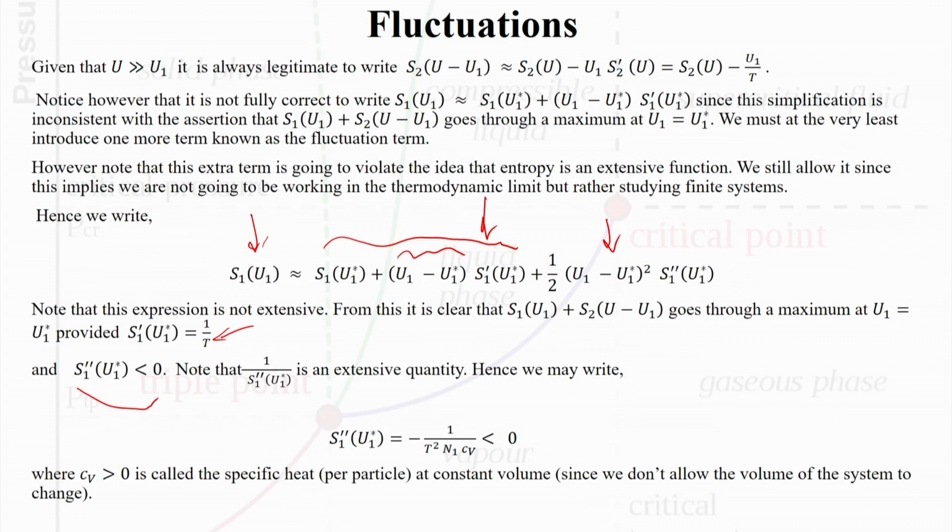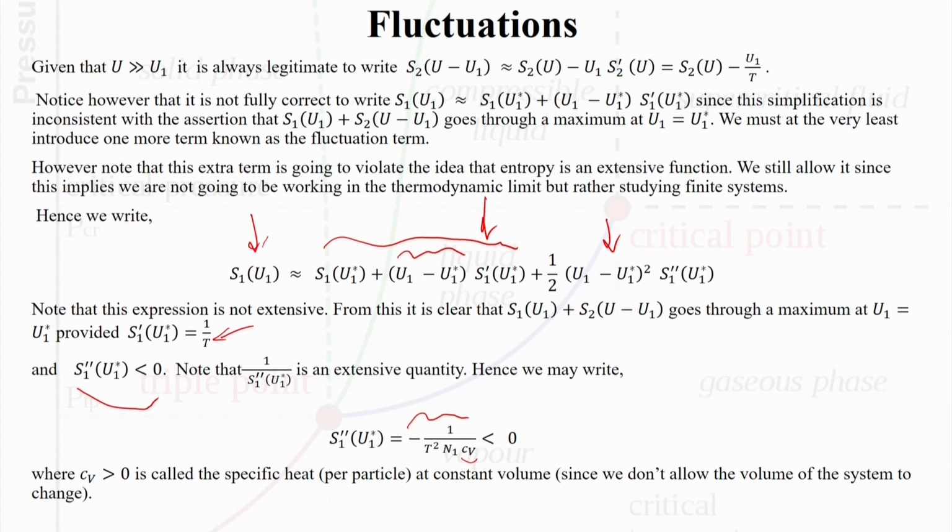So we are going to assert that it is negative, and we are going to give a name to the second derivative of the entropy versus internal energy at the most probable value, and that is in terms of what is called the specific heat per particle. So c_V, V stands for constant volume. We will get to that later, but right now it is just a name.